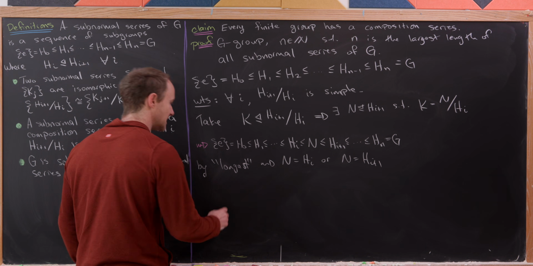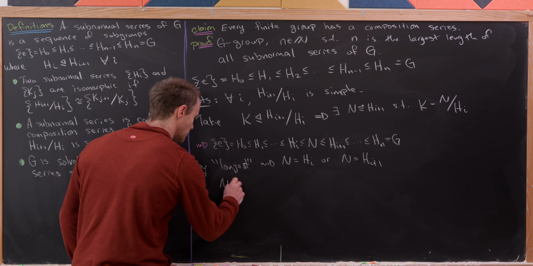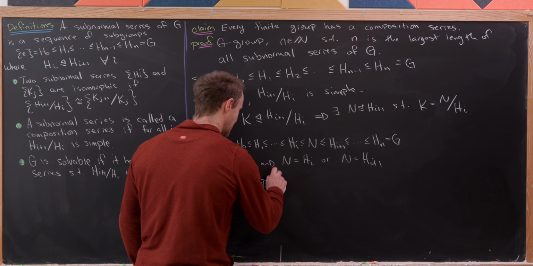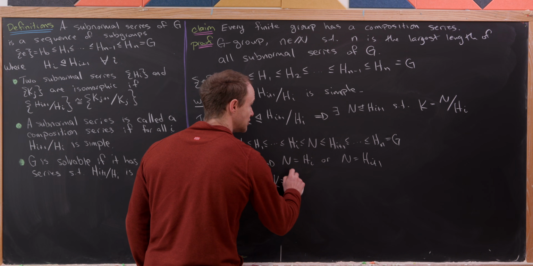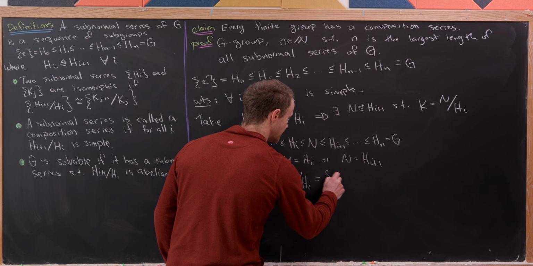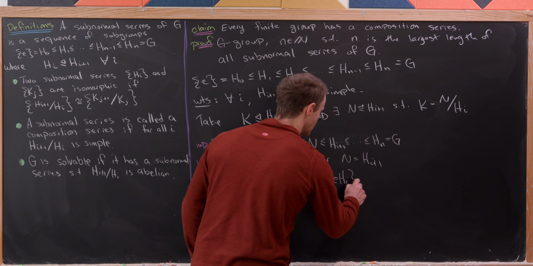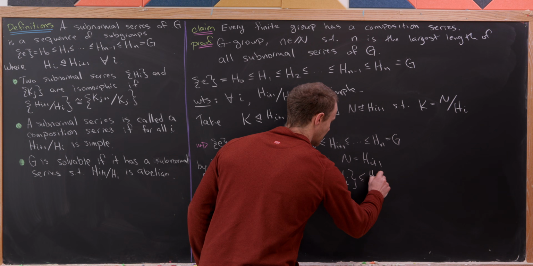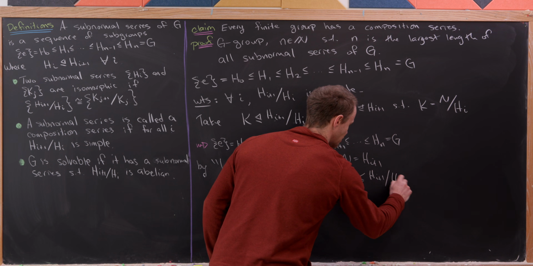Okay, but then let's see. If the normal subgroup is equal to H_i, then that means that K is equal to H_i mod H_i, which is just the trivial group inside of H_{i+1} mod H_i.